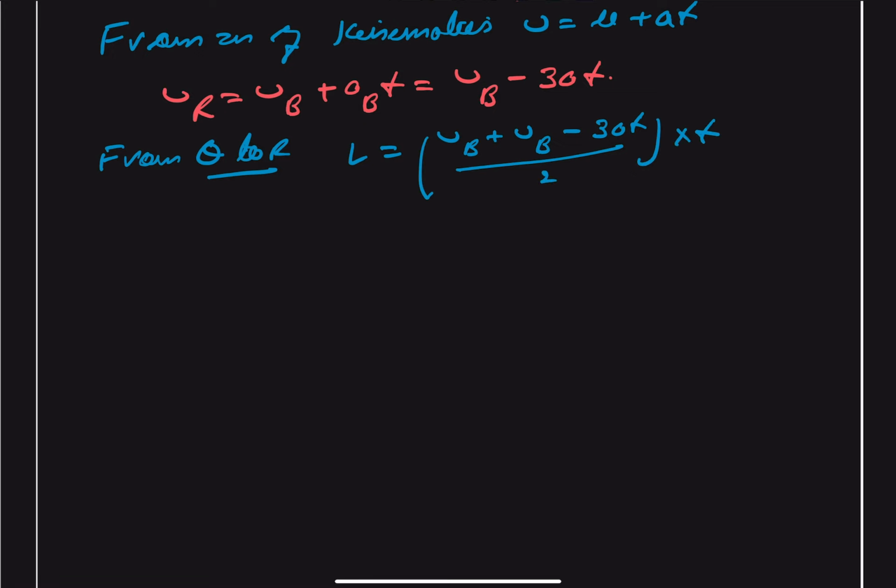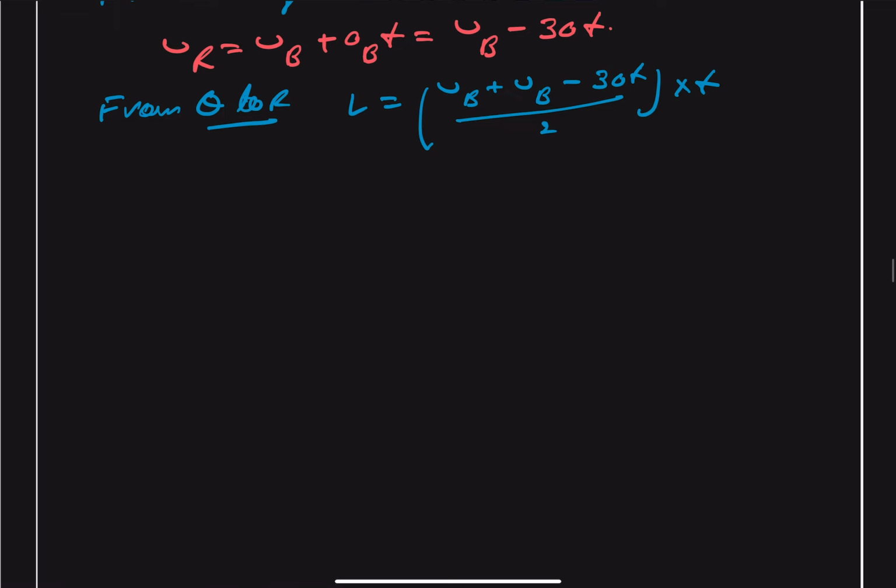We can write this as L is equal to (2VB minus 3at) divided by 2 and multiplied by T.